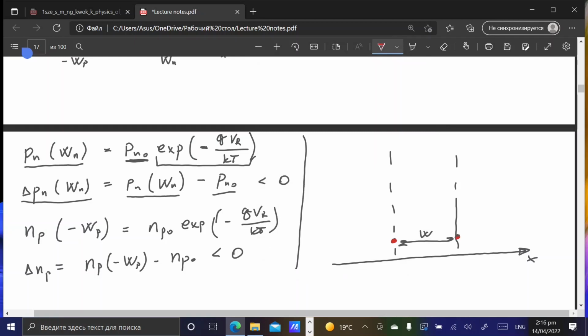Smaller concentration at the interfaces, but once we go deeper in the neutral region, the concentration of these minority charge carriers, which are electrons in p-type and holes in n-type regions, will increase and reach equilibrium values: here will be Pn naught, and here will be Np naught.